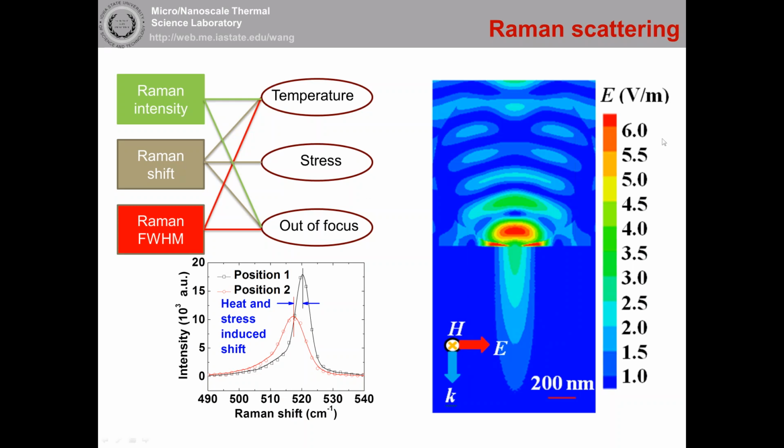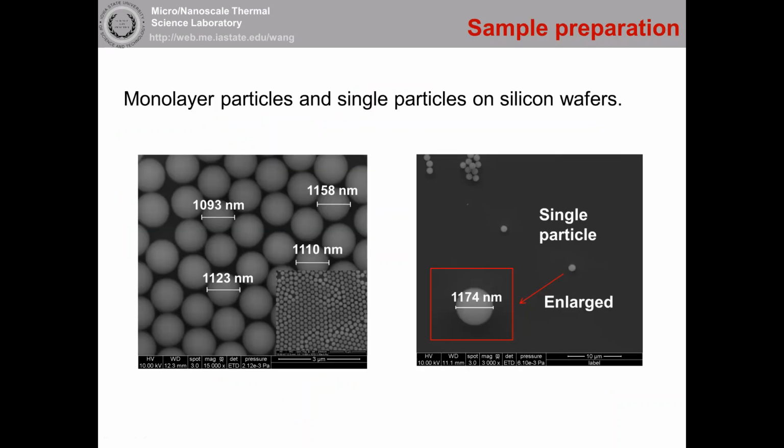So this one shows our near-field simulation, solving the electromagnetic wave for a particle, showing how the light is focused. You see this scale bar is 200 nanometers, so it's really tiny. This slide shows the particles.